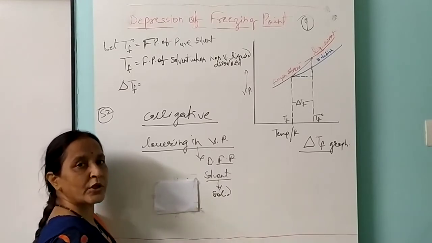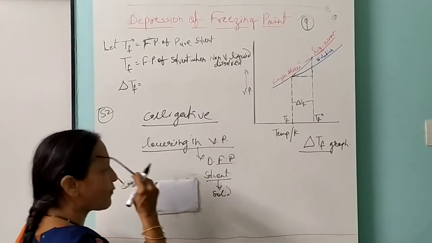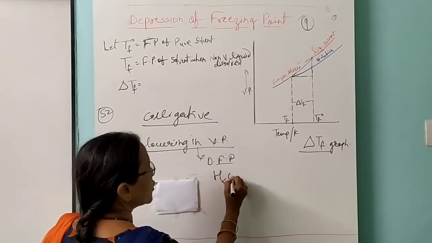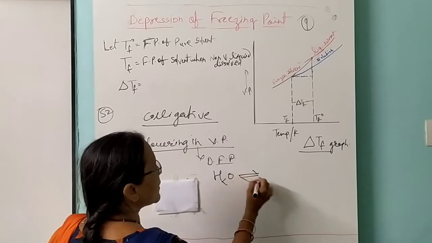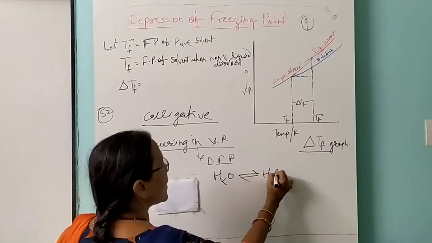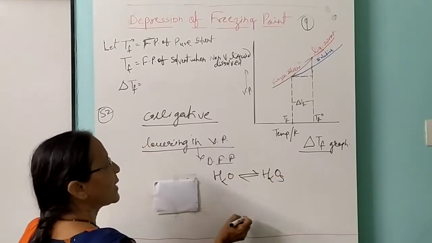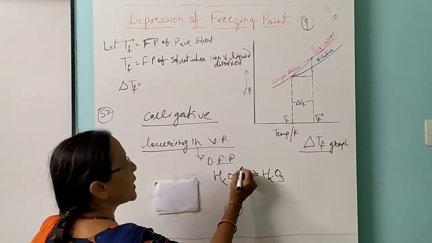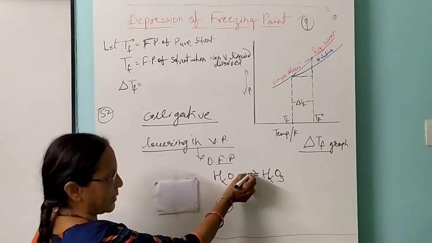That is the freezing point of the solvent. In the case of water, H2O liquid reversibly goes to H2O solid. Here it is the solid state, and here it is the liquid state. Now here, decrease in vapor pressure.